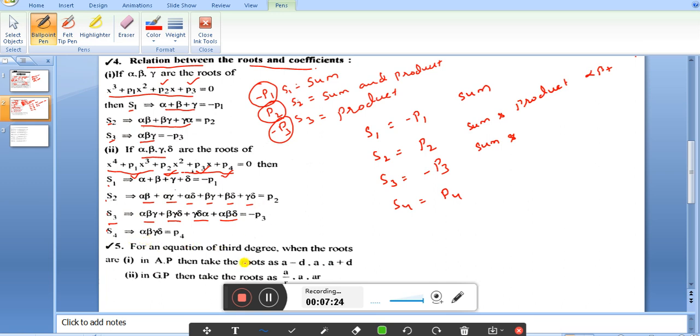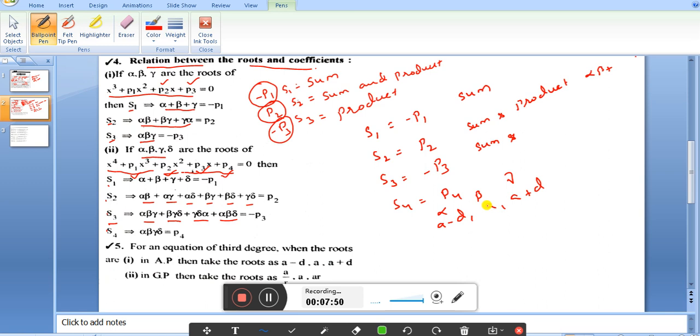And next point is for an equation of third degree, when the roots are in AP, then the first root is a minus d, second root is a, third is a plus d. Nothing but alpha, beta and gamma, the roots of a cubic third degree polynomial equation.